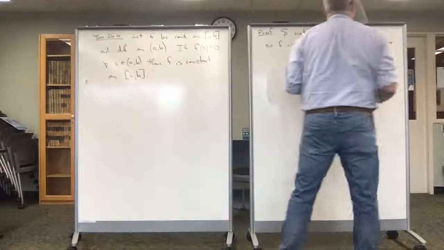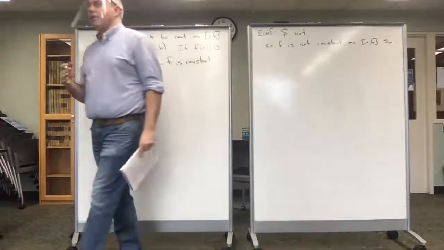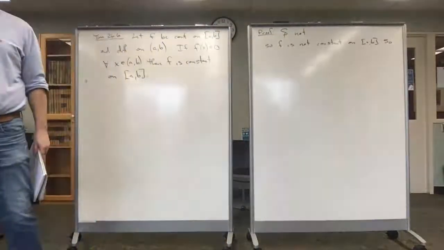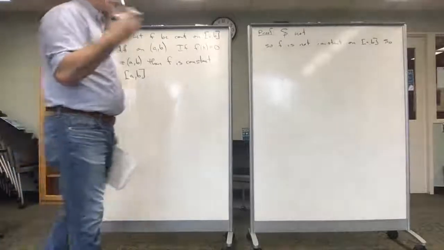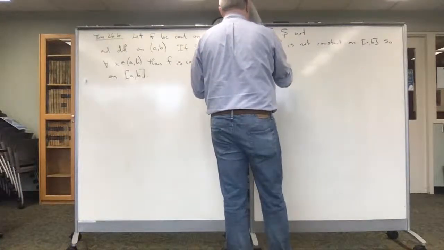So that would mean that there exists a maximum and a minimum on that interval, right? We're on a closed interval and it's continuous. So we have an absolute max and an absolute min.